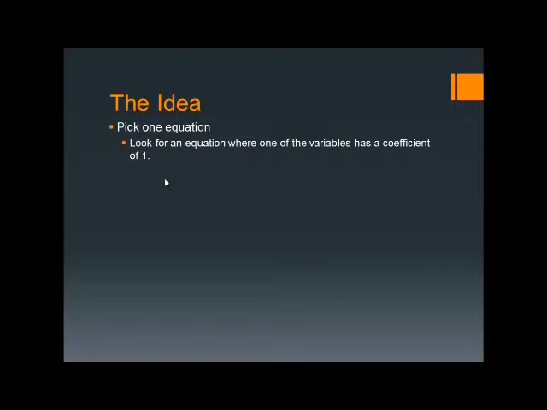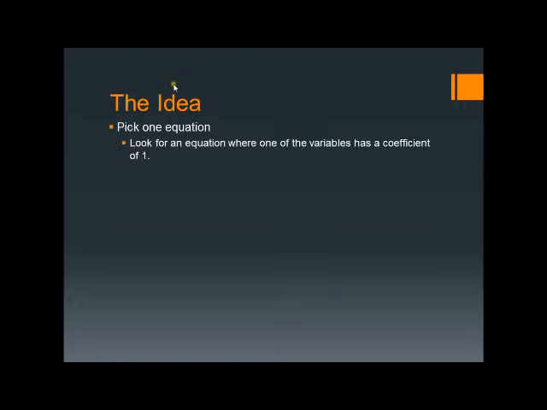Or if you have 5x plus y equals whatever, you can subtract that 5x and get y by itself. Maybe you have a 2x, for example, and all the other numbers in that equation are even. So you can get the x by itself, because when you divide by 2, you're just going to get whole numbers. You don't have to worry about any fractions.